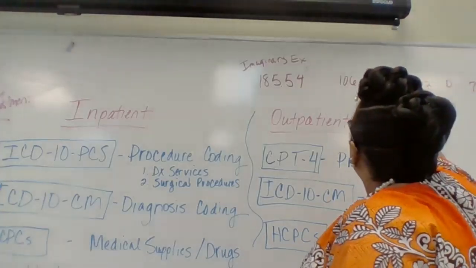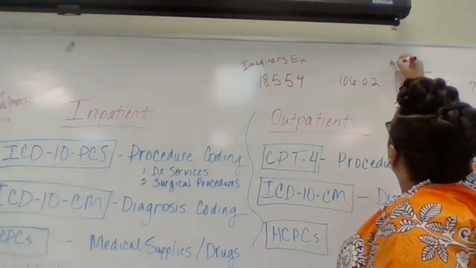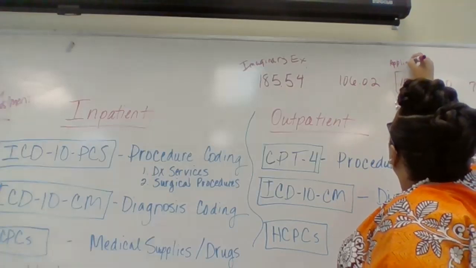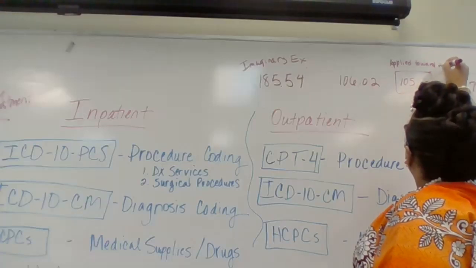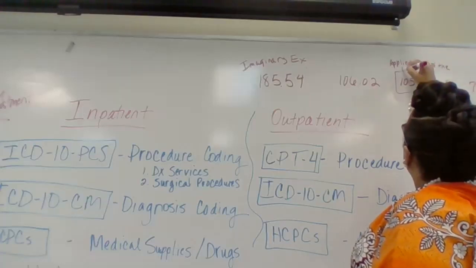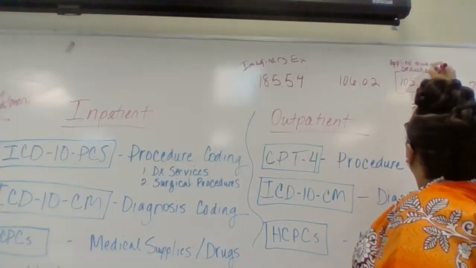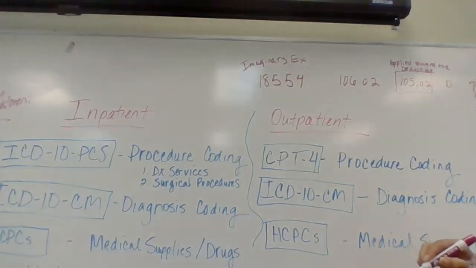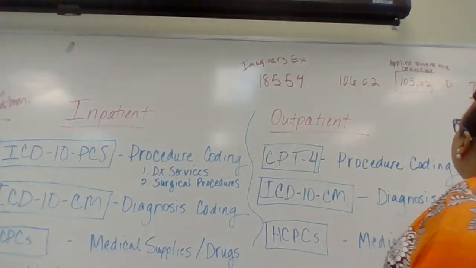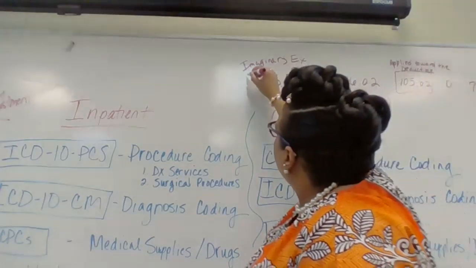Why? Because this went towards the deductible. This is the contracted amount. All right. Now, that's scenario number one that you see on paper.